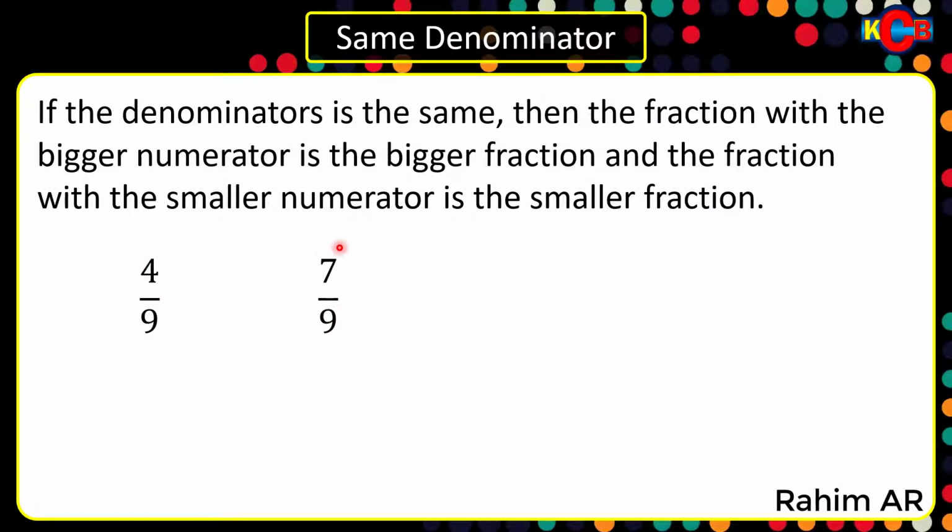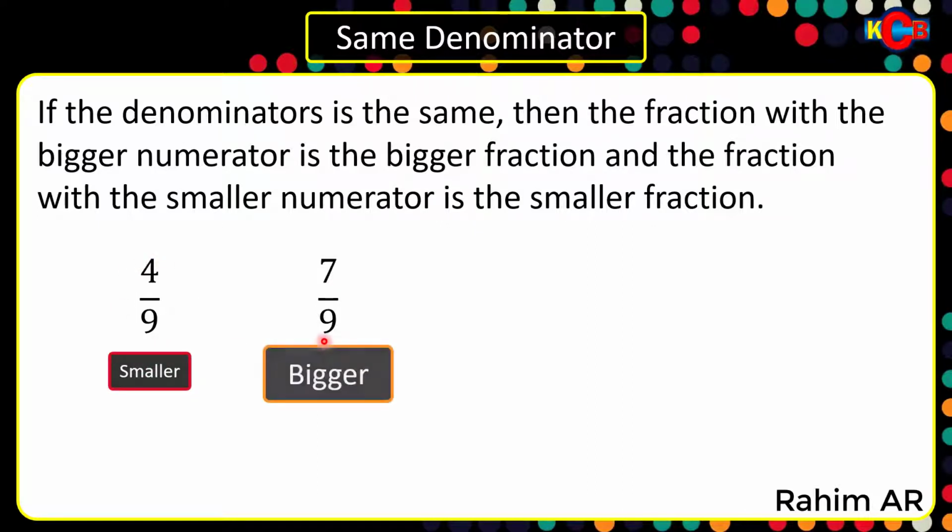We compare the numerator because the denominator is the same, which is 9 here. So we compare the numerator, 4 and 7. Since 4 is smaller than 7, thus 4/9 is smaller than 7/9. So 7/9 is bigger and 4/9 is smaller.